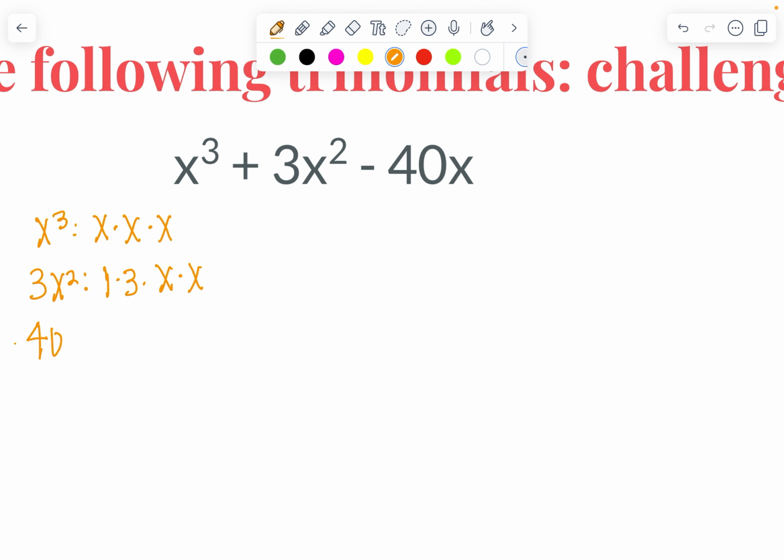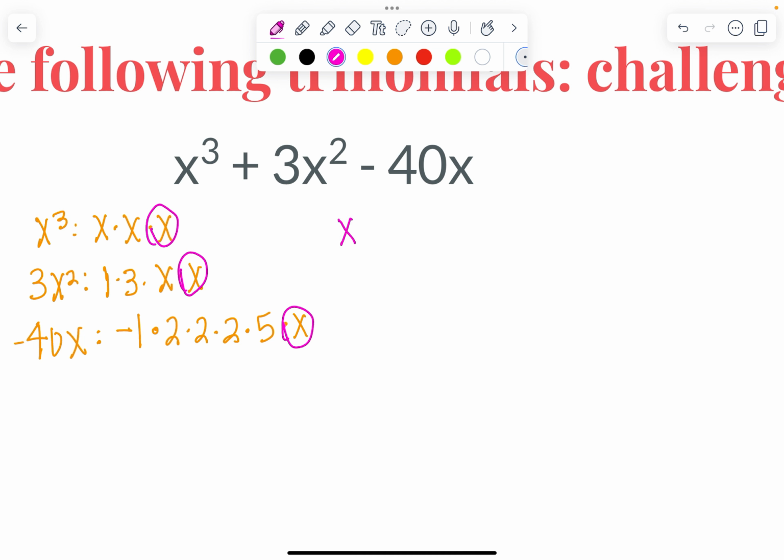And then negative 40x is negative 1 times, and if I did the prime factorization of 40, I would get 2 times 2 times 2 times 5 times x. So if I look here, I have a common factor of x, which I can take out.